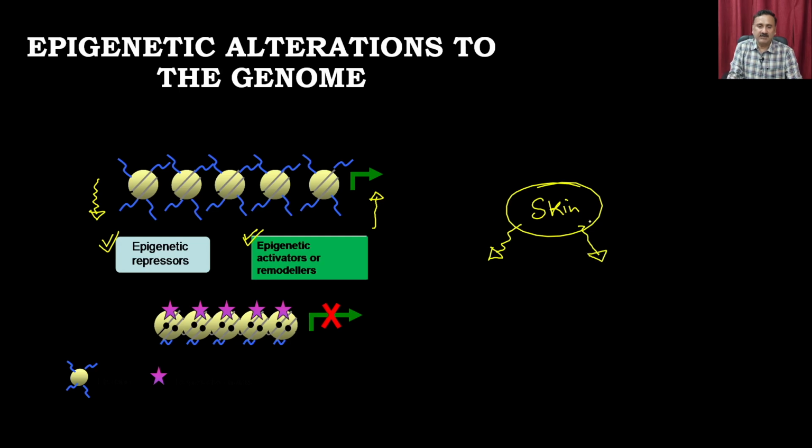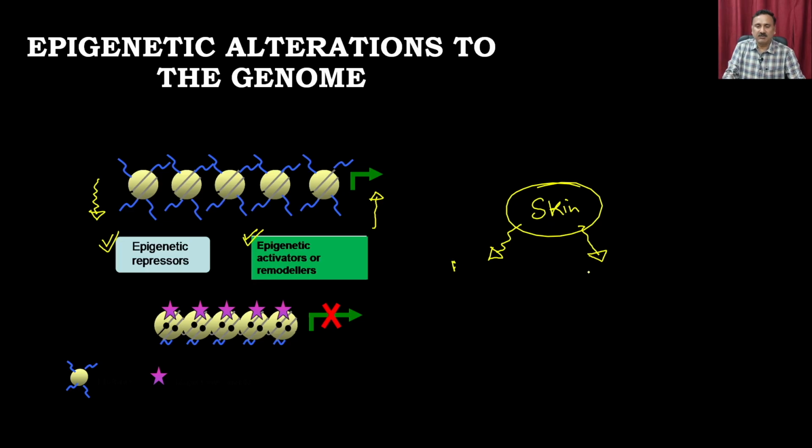And if multiple genes are responsible for the skin color, you can modulate the production of these proteins, and that's how you can have different shades of skin, right? So you can have no color, and then it is going to be very white skin.